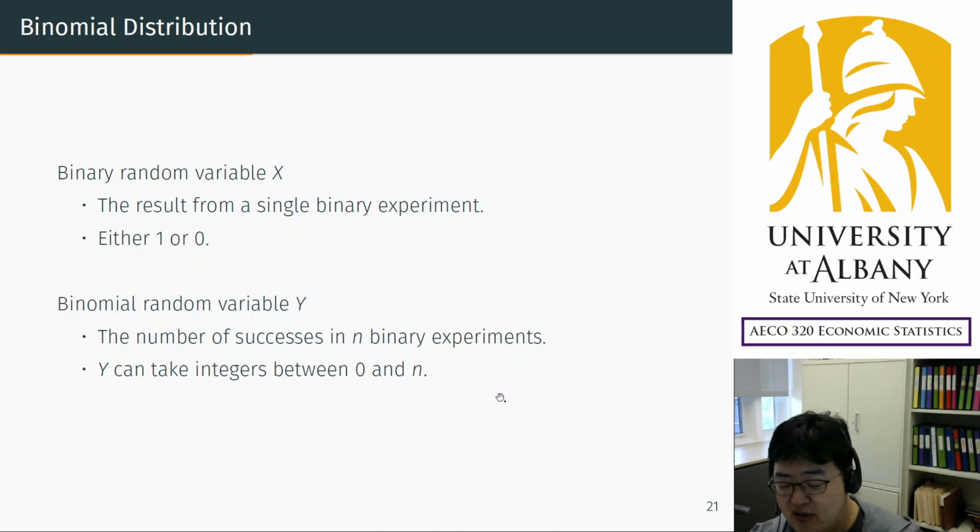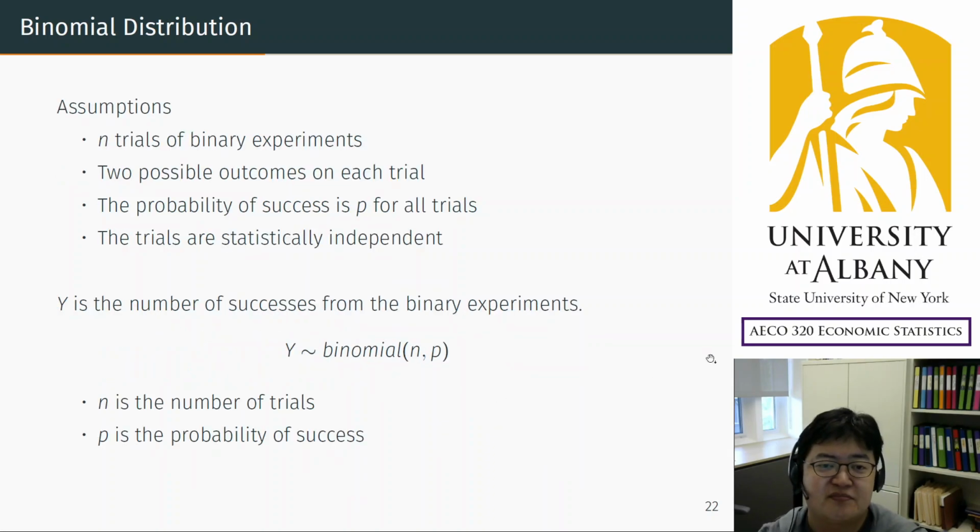Then we will discuss the required assumptions and how we can understand the binomial distribution. So the assumptions we are going to make are like this. N trials. So you repeat a binary experiment n times. N is the sample size.